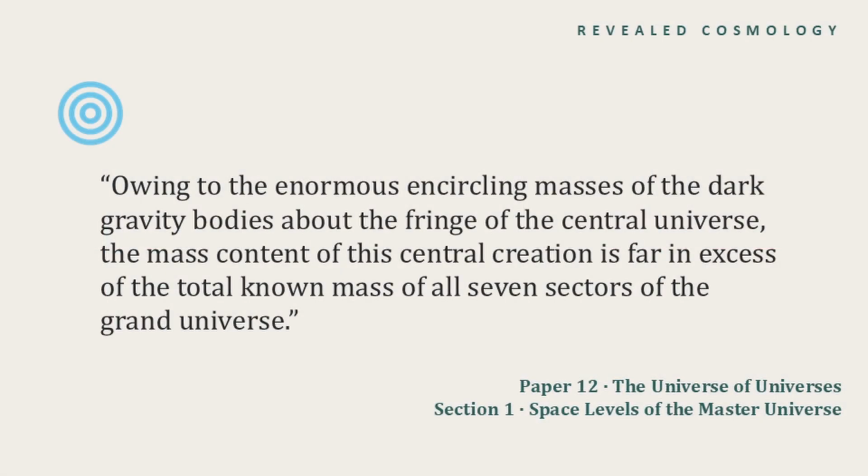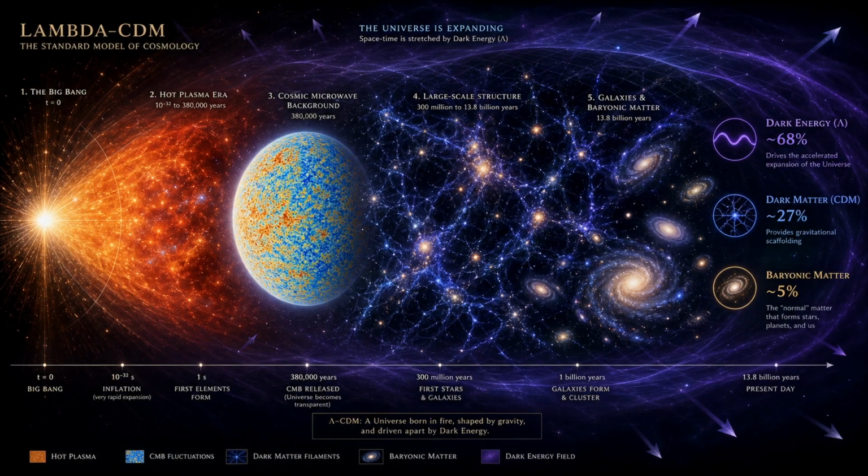Owing to the enormous encircling masses of the dark gravity bodies about the fringe of the central universe, the mass content of this central creation is far in excess of the total known mass of all 7 sectors of the grand universe. The center of the architecture holds mass at a scale the Standard Model has no category for, precisely because the Standard Model has no center.